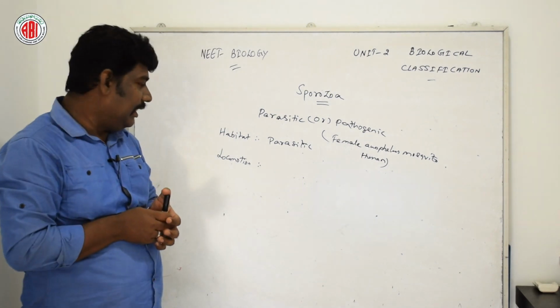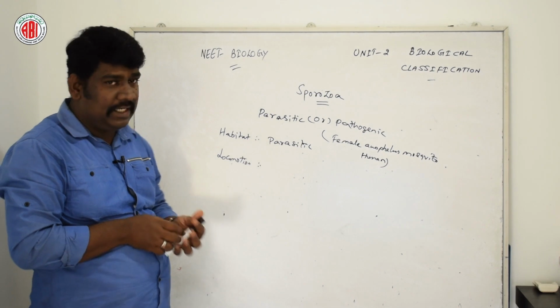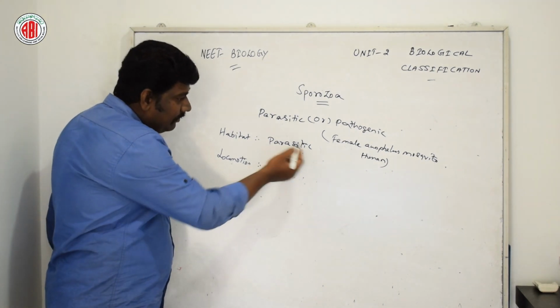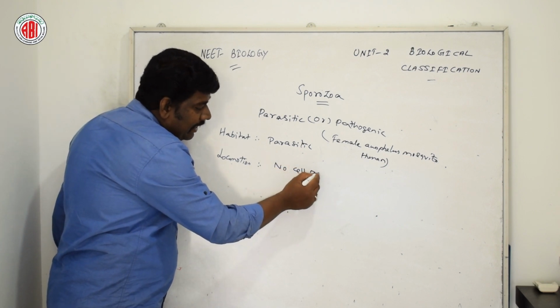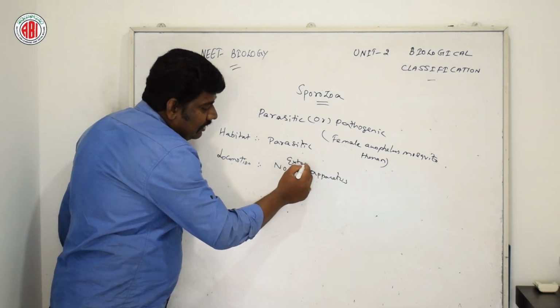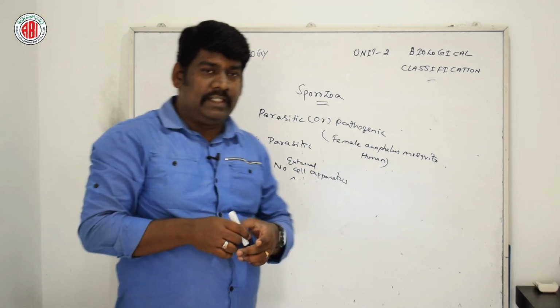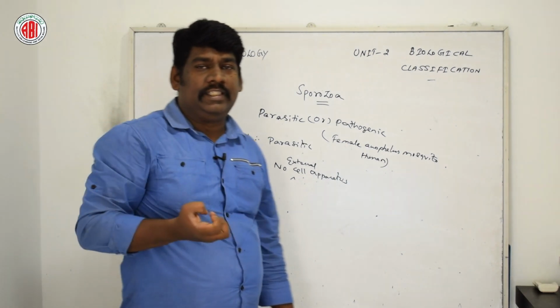None of these external apparatus can be seen in this organism, since it survives in a parasitic mode of life. So there are no external cell apparatus or cell organelles that could help in locomotion.